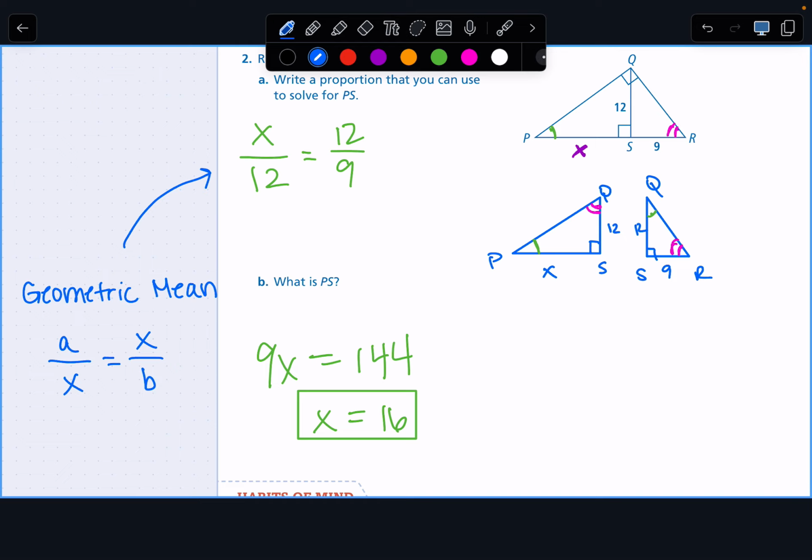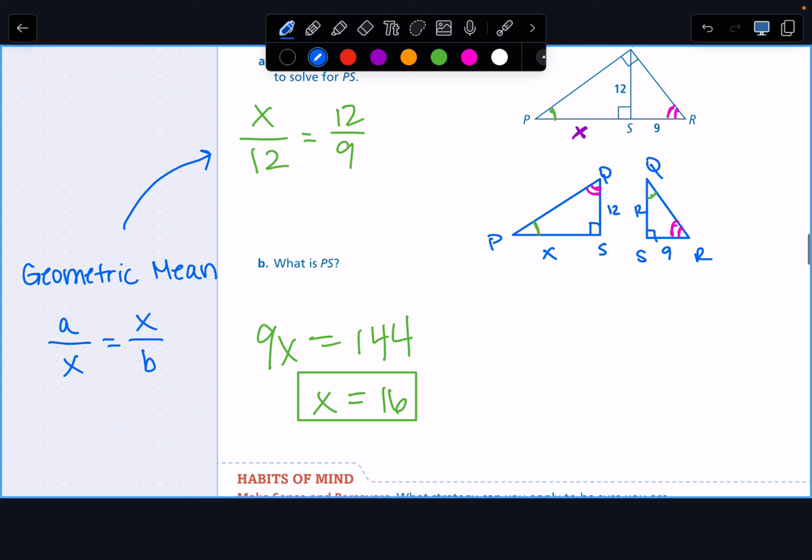So we say x is the geometric mean of A and B. We have a proportion where the same number gets used twice diagonally, where when we cross multiply, they multiply together.